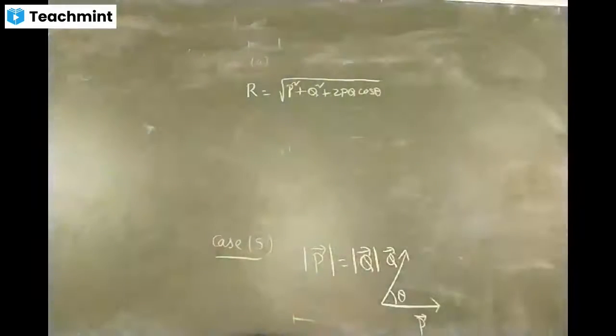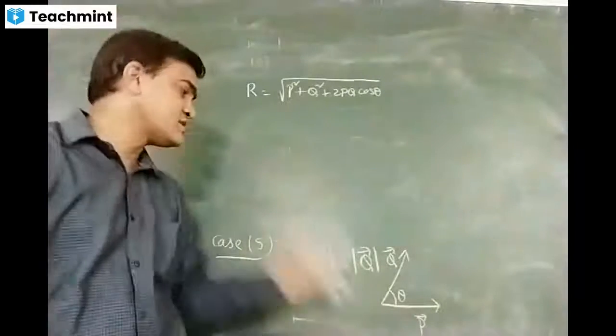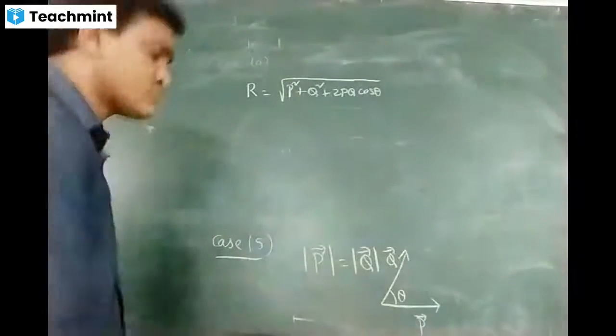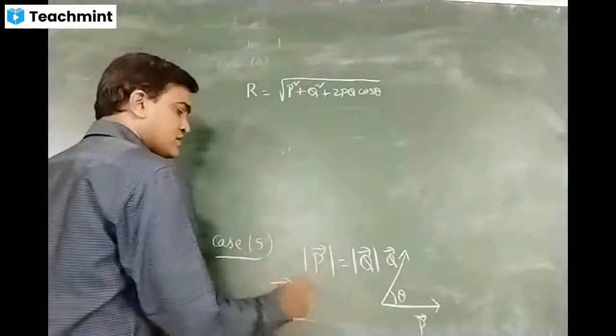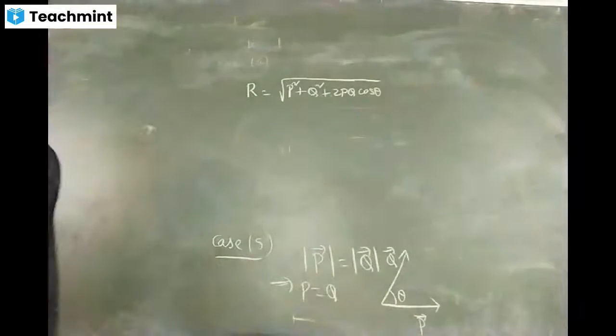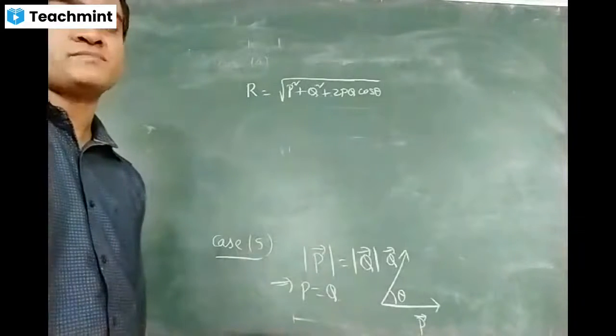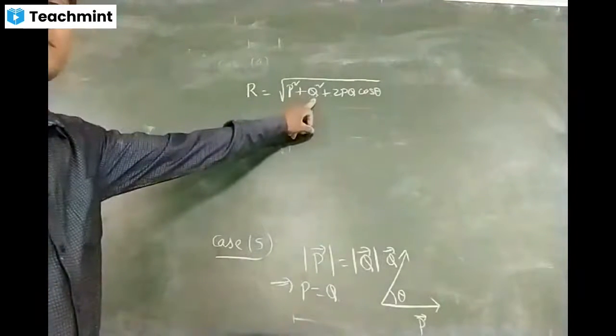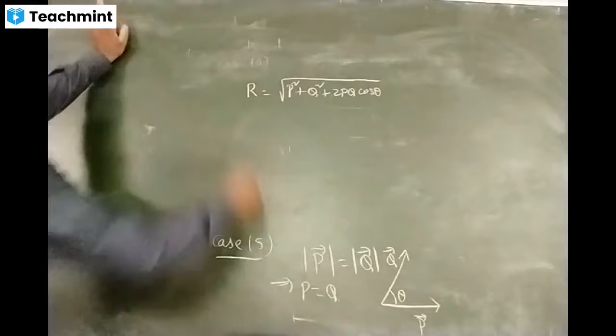This is the general formula because theta is the angle between P bar and Q bar. Now, as I said, the magnitude of P bar is equal to the magnitude of Q bar. That implies simply P is equal to Q. If I replace Q with P, then what will I get?